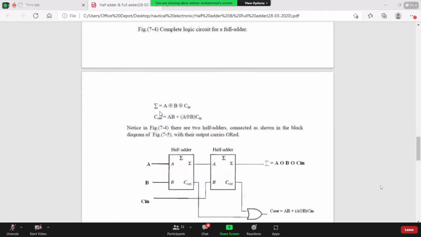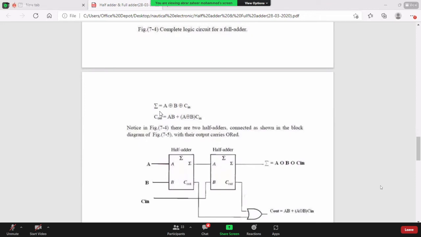Here we can see how these two half adders are connected to form a full adder. The first half adder has inputs A and B, and the outputs are A XOR B as sum and A dot B as carry. The output of the first half adder is given as input to the second half adder, and the other input is C in.